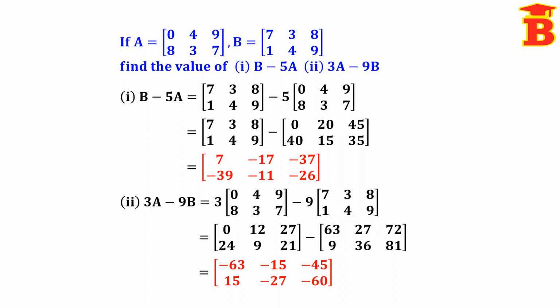Next take the second row and subtract the second row elements. 24 minus 9, 15. 9 minus 36, minus 27. 21 minus 81, minus 60. So therefore the answer is minus 63, minus 15, minus 45; 15, minus 27, minus 60.